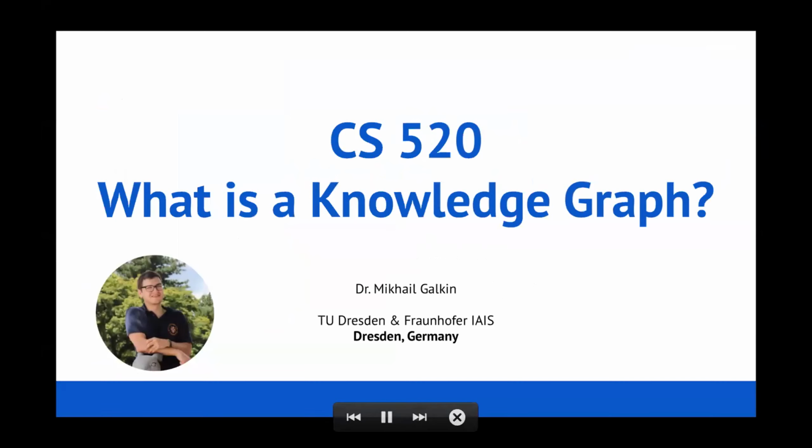Perfect. Right. So my name is Michael. I'm from TU Dresden, from Germany. I'm a senior research scientist, and we're working on knowledge graphs and conversational AI agents and NLP and graph machine learning, all this stuff.